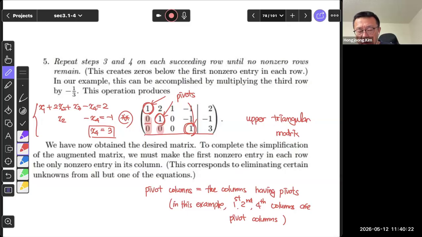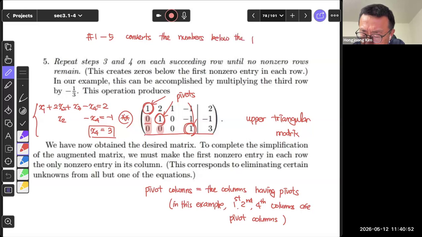So from step 1 to step 5, I focused on the entries, the numbers below the pivots. So please note that step number 1 up to number 5 converts the numbers below the pivots to 0.